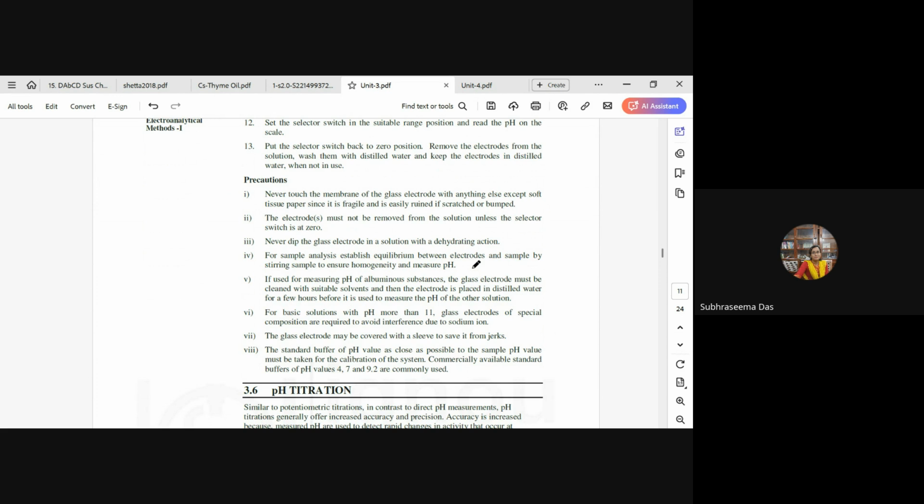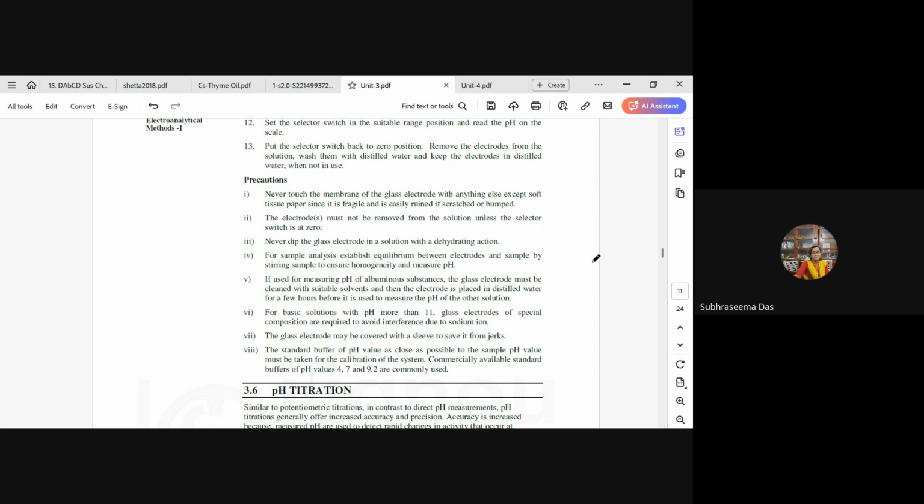If used for measuring pH of very albuminous substances, the glass electrode must be cleaned properly because the albumin sticks to the glass of the electrode. For basic solutions of pH more than 11, we cannot use the normal glass electrodes. We have to use glass electrodes of special composition.